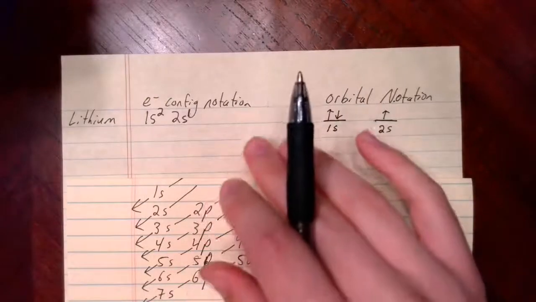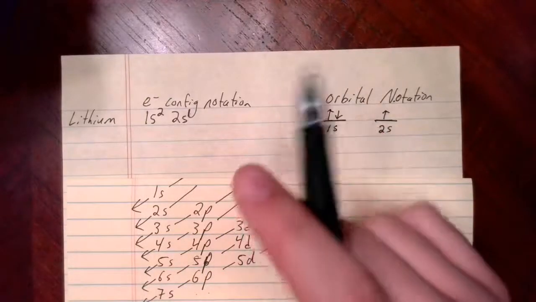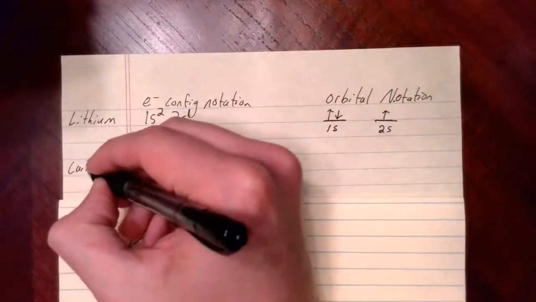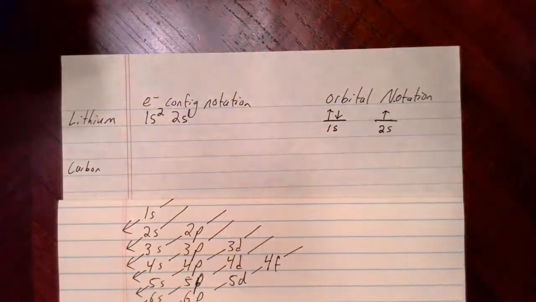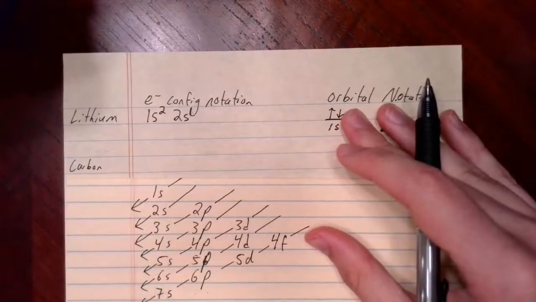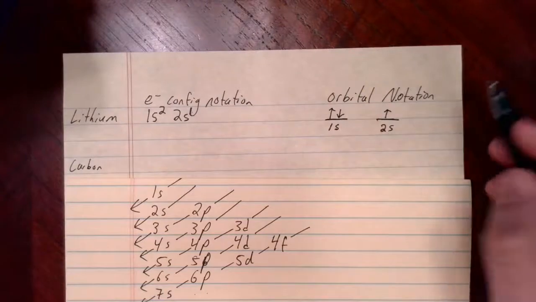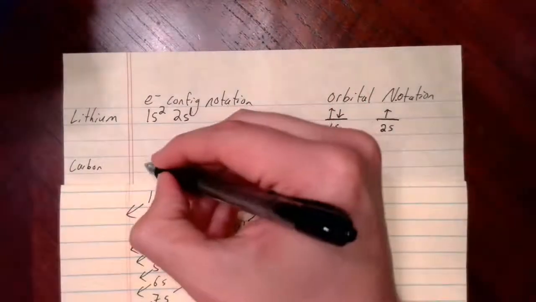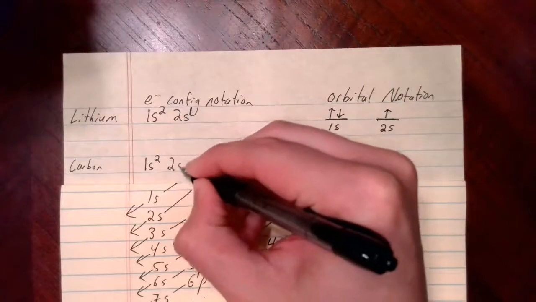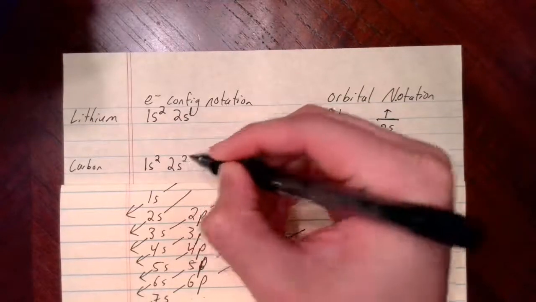Let's go ahead and skip down to carbon. The first step is deciding how many electrons carbon has. We know carbon, when it's neutral, has 6 electrons from its atomic number, and there's no charge, so let's do 6. We have 1s, 2, 2s, it can hold 2.